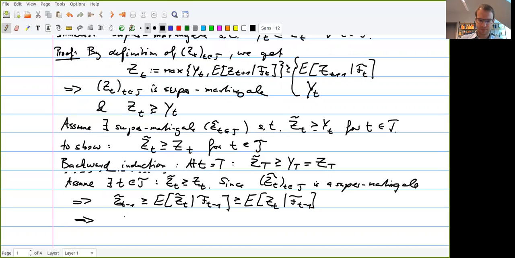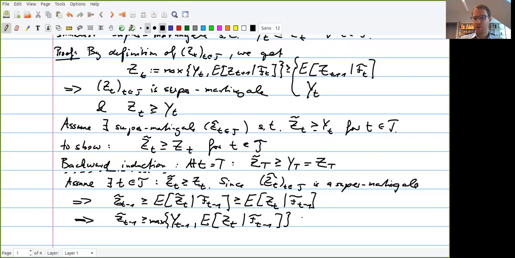And now, what does it mean? The z tilde is dominating y, so this is also bigger than y at time t minus 1. And by this inequality, I can take this with the maximum, because z tilde at time t minus 1 is also bigger than the expected value of z at time t conditioned on the filtration at time t minus 1.